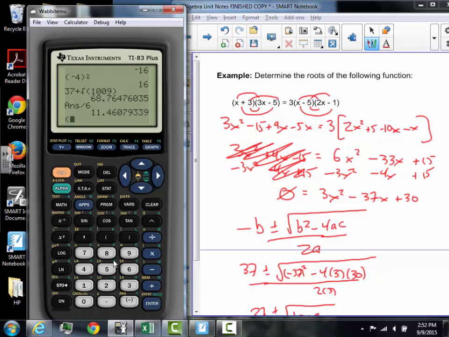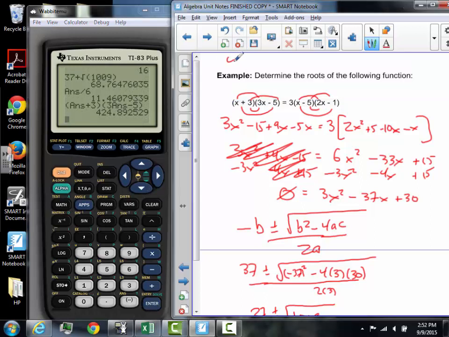So I'm going to go bracket my answer plus 3, new bracket, 3 times my answer minus 5. Make sense? 424.82529. And I'm going to do the exact same thing on the other side. That make sense? Okay.